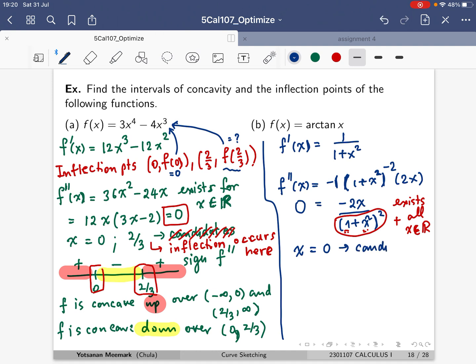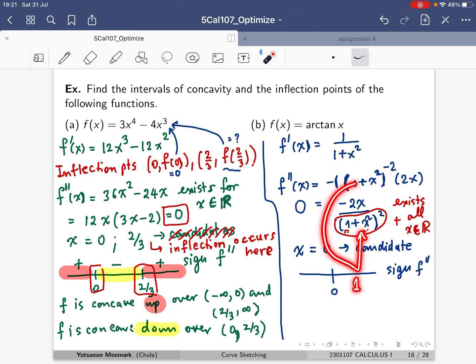Okay, first of all, it must be a candidate first. And then you look for the sign of your f double prime passing through this point. So here you can plug in 1, the bottom is always positive, right, so the top becomes -2, so altogether it is negative. You can plug in -1, so here is positive, so together it will be positive.